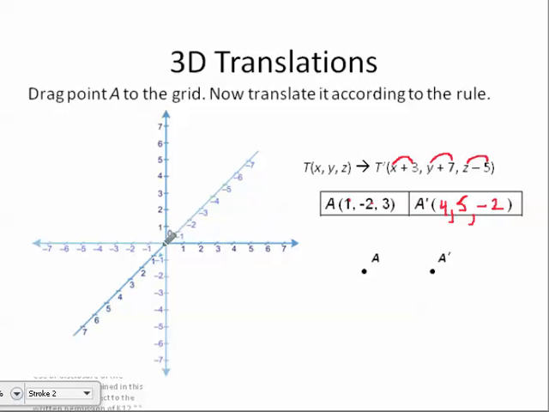So where's my new point A going to be? Well, where's my point A to begin with? My point A is at 1, -2, 3. That'd be up here. That's where A is located. My A prime that I just moved is now at 4, 5, -2, somewhere in there.